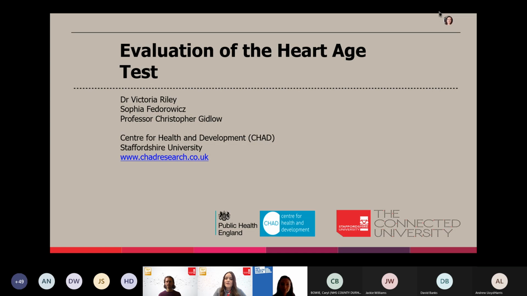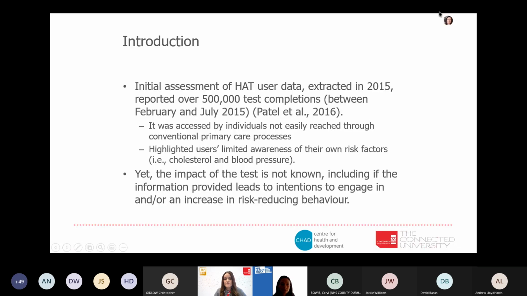Thanks, Jade. Next slide, please, Andrew. So an initial assessment of the heart age test data was conducted in 2015, and that reported over 500,000 test completions between February and July. It found that the HAT was accessed by individuals that were not easily reached through conventional primary care processes, including males and younger adults.